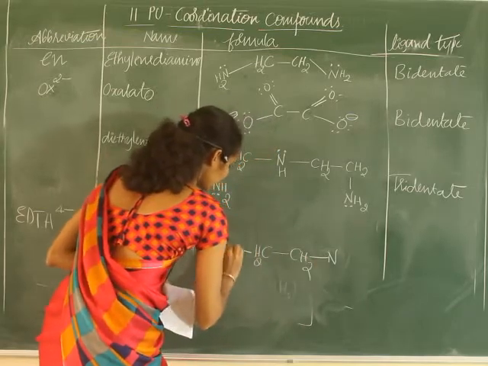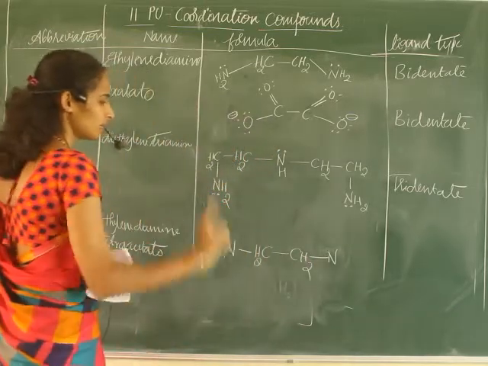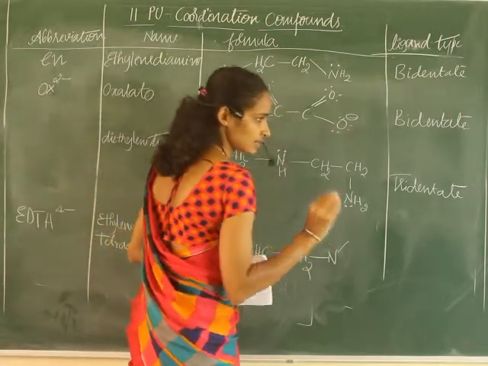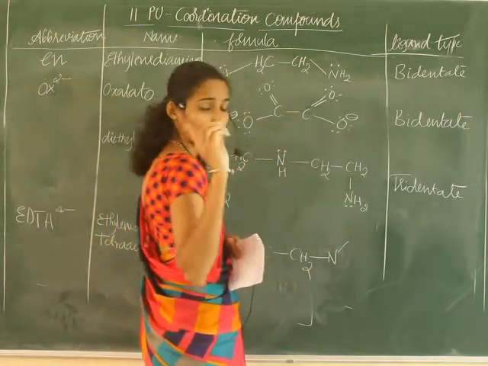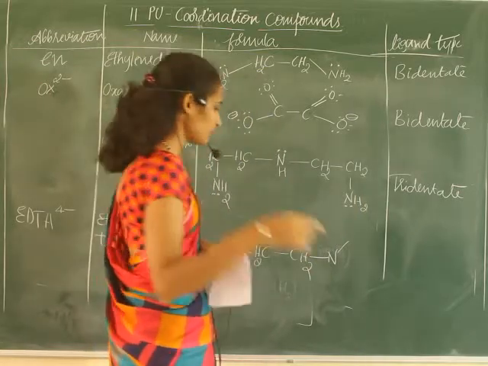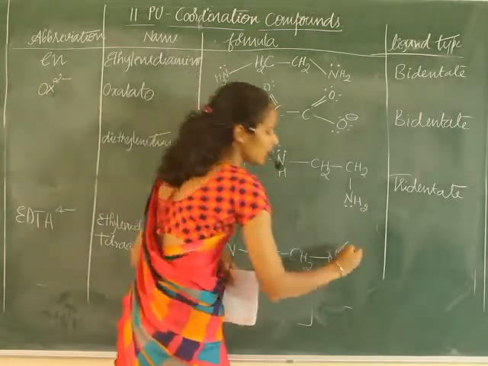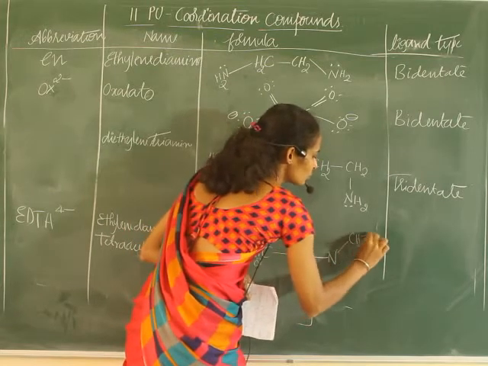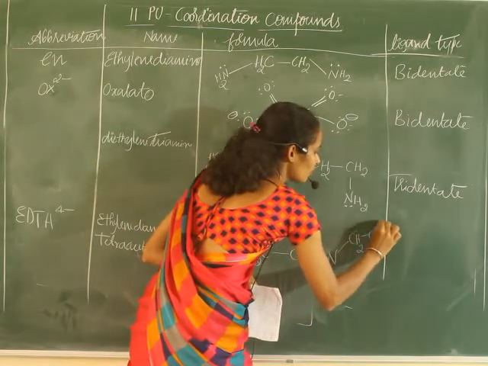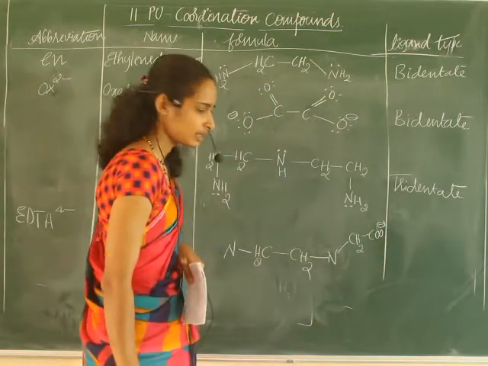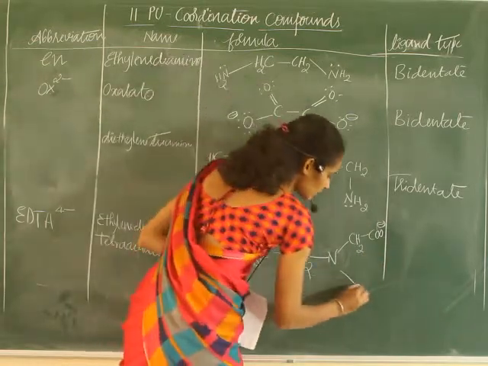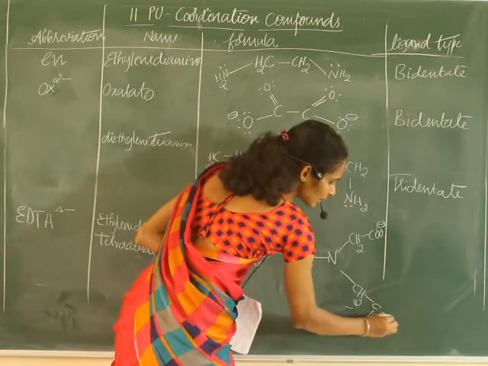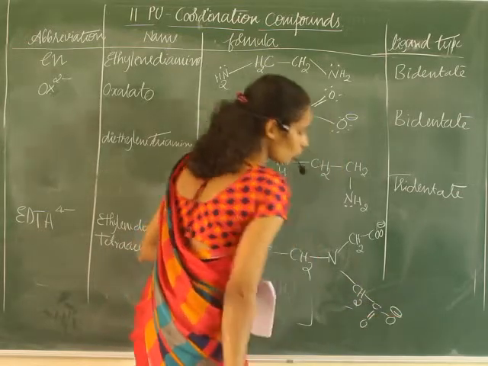To this carbon also nitrogen is attached. Now you have to write acetic acid group, CH3COOH, and one H is replaced by this. Hence it is CH2COO minus. Clear? And here also again CH2COO minus. I'll write it as C double bond O minus.